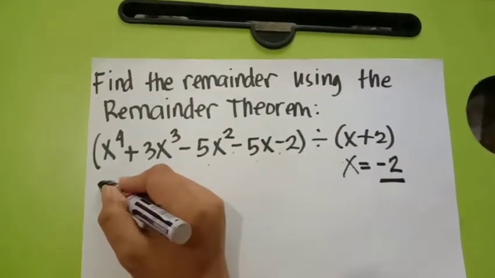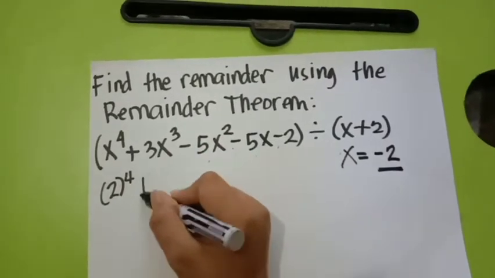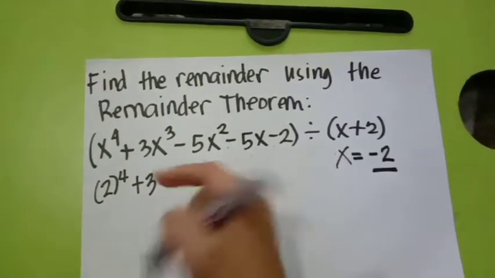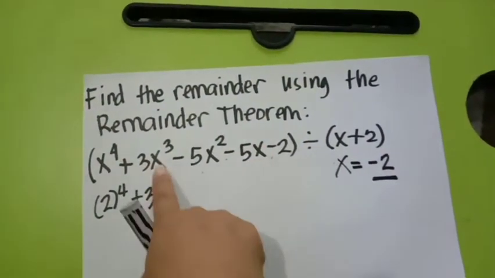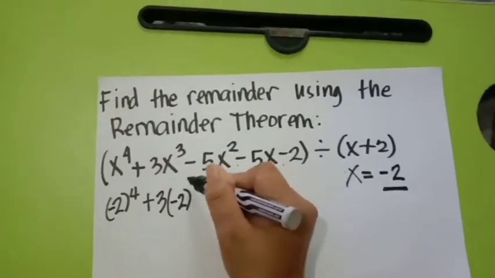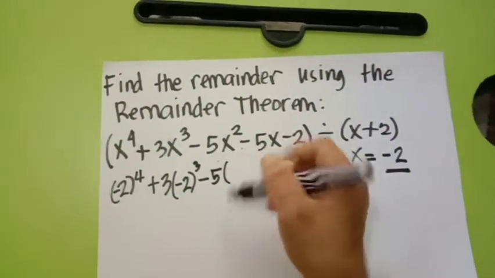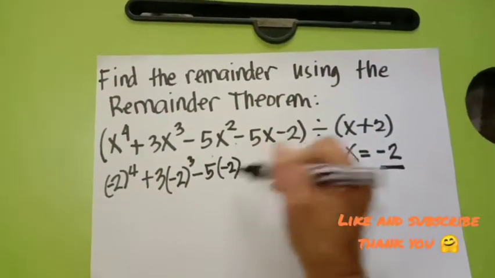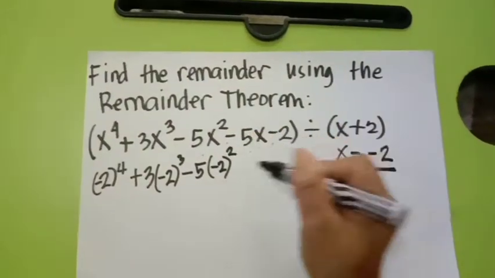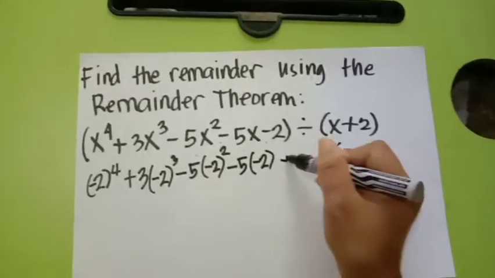So, we have here negative 2 raised to the fourth power plus bring down 3, itong 3 na ito. Then, yung x magiging negative 2 raised to 3 minus bring down 5. Then x will become negative 2 raised to 2 minus 5 times negative 2 minus 2.